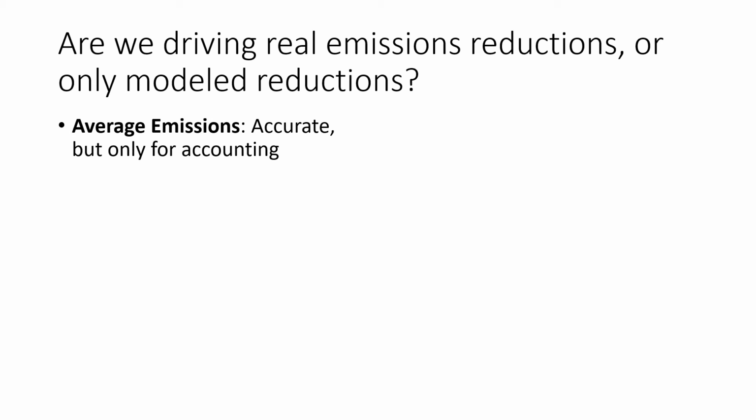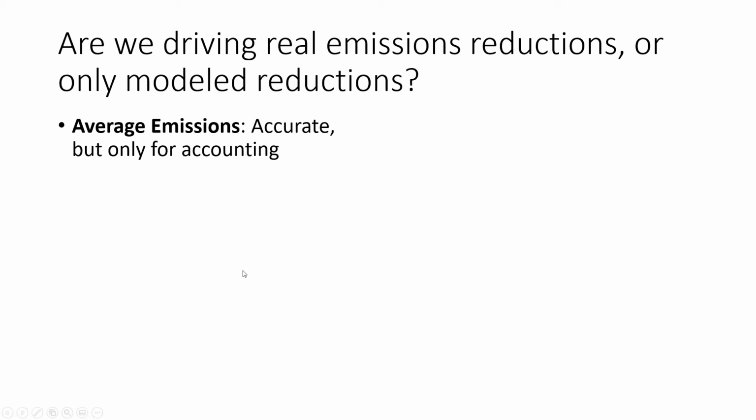And these average factors are fairly accurate as most of the power plant emissions are measured and reported, but while they give us an accurate picture of historical emissions attribution, they're not really useful for consequential analysis or forward decision making. So questions such as, will installing solar or wind displace more emissions in my region? Will electrifying our housing stock increase or decrease emissions? Or when should I charge and discharge my battery to use the most renewable energy and displace the greatest amount of fossil fuels?